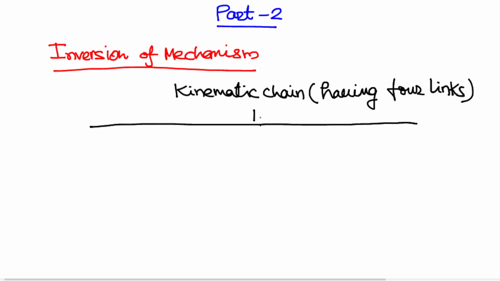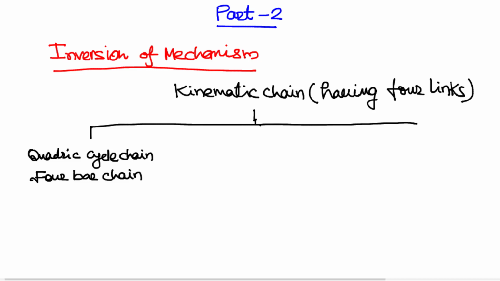A kinematic chain having four links: first is four-bar chain or quadric cycle chain.